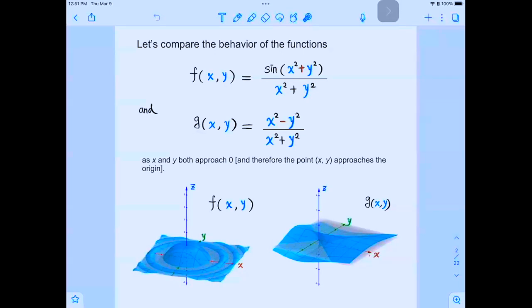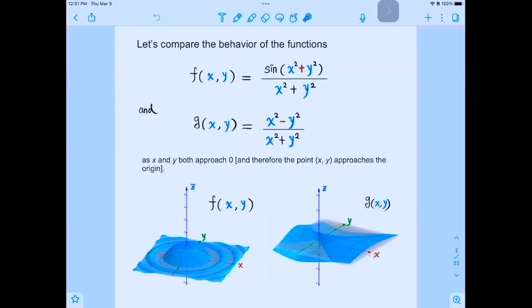So what happens when x and y approach 0? Maybe along this x-axis, you're looking at over here. It looks like it approaches 0, right? But what about another way? What if I approach 0 along the surface and then along this y direction?